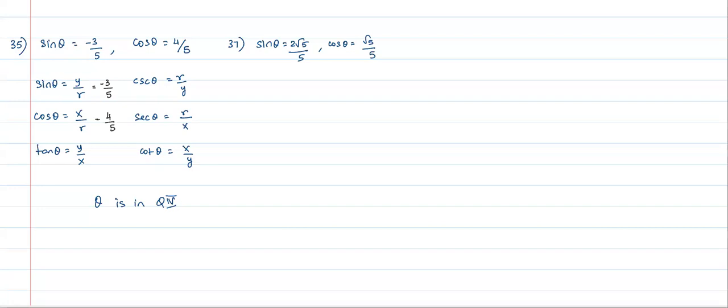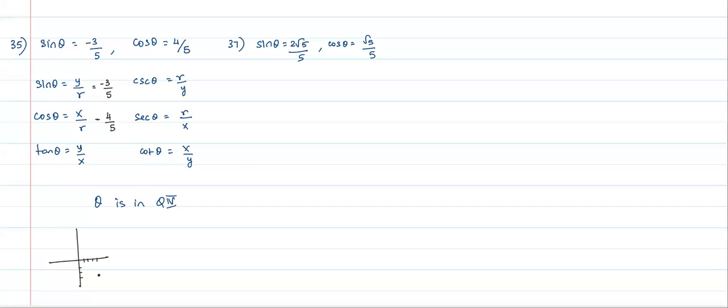So if I were to draw this angle, where this angle may be, this angle is in the fourth quadrant. And so 3 and 4, somewhere here. Okay, so this is where my angle is.